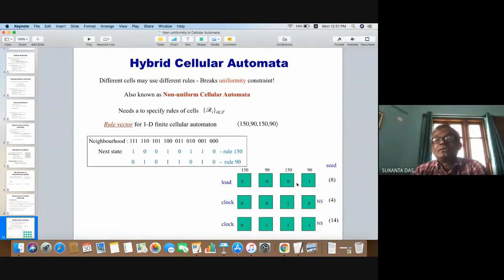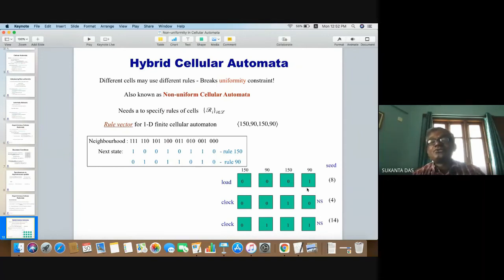Now here 0, 0, 1 for the third cell. I think you can see my mouse. I'm not using Jamboard anymore. So here 0, 0, 1. It is rule 150. Come back here in this table: 0, 0, 1 gives 1, which is written here.